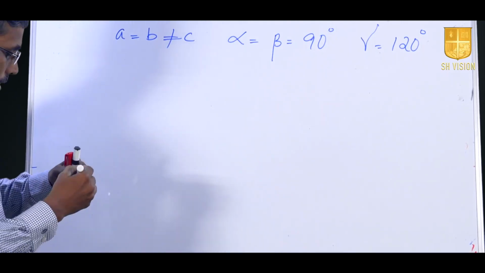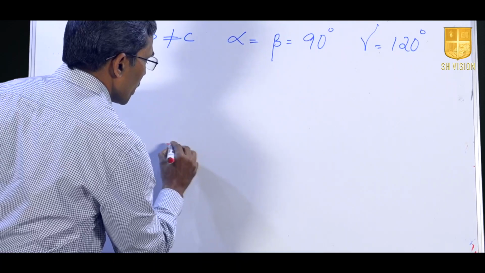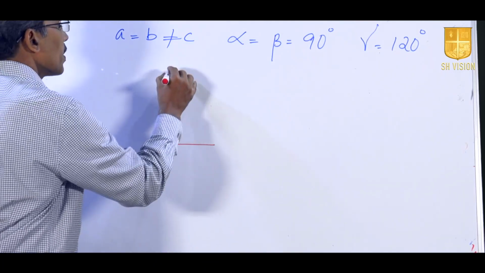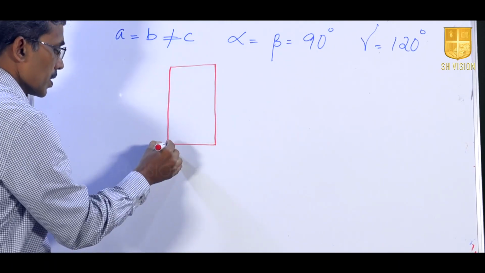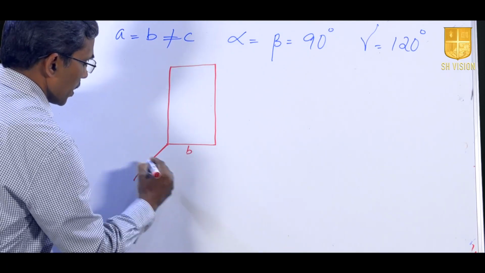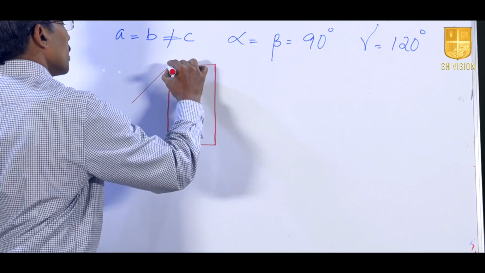So, in this case if we draw it, this is your b, this is c and this is a. So, a is equal to b but not equal to c.